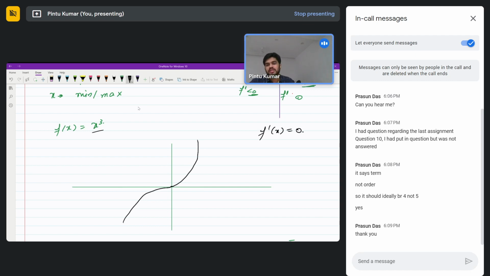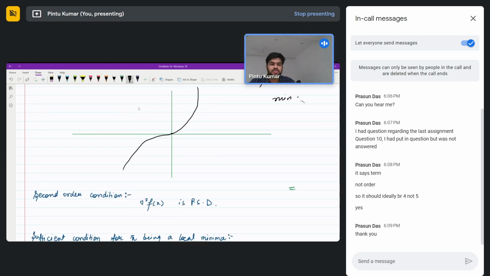But this is actually not a minimum or a maximum point, but it's still a stationary point. So just to summarize, a point is called a stationary point if the gradient at that point is equal to 0. And this is a necessary condition for a point being a local minima or a local maxima.